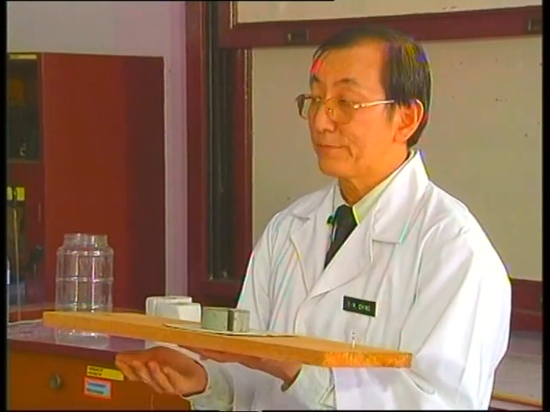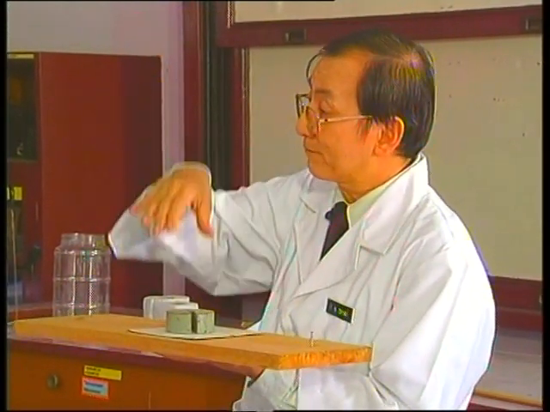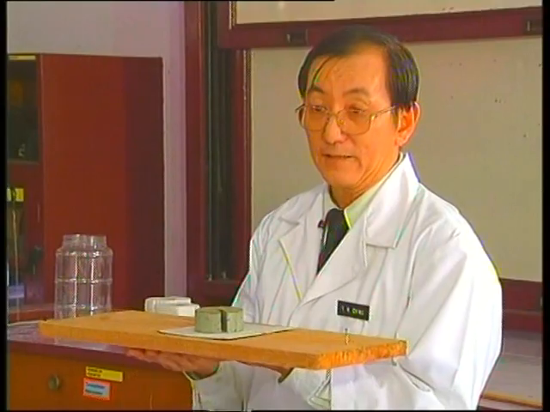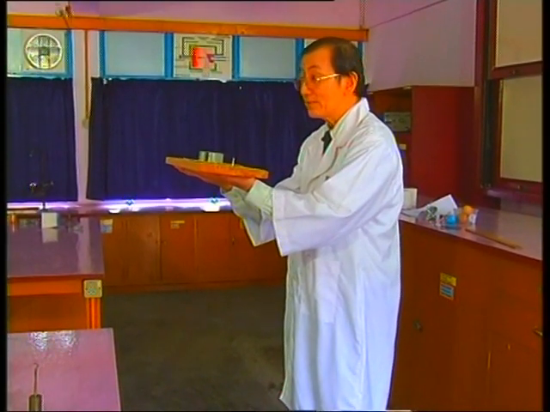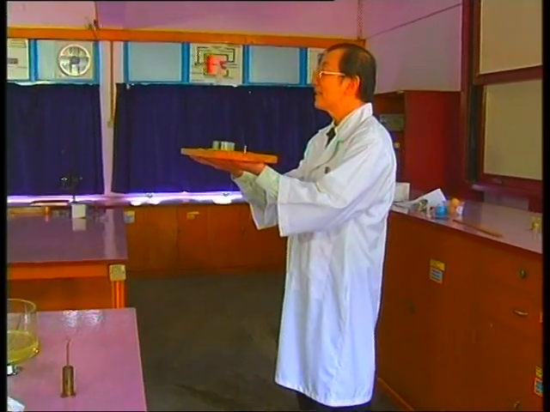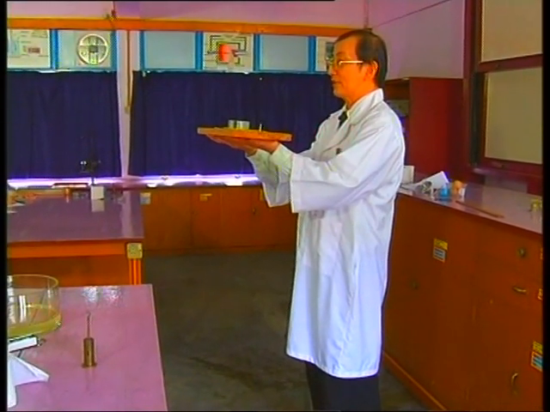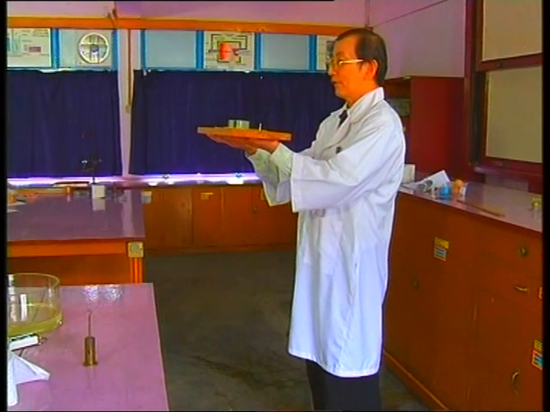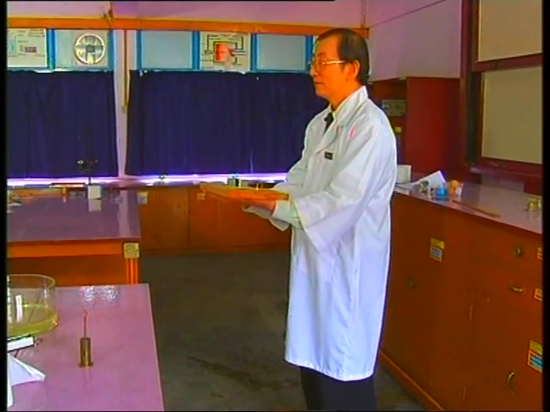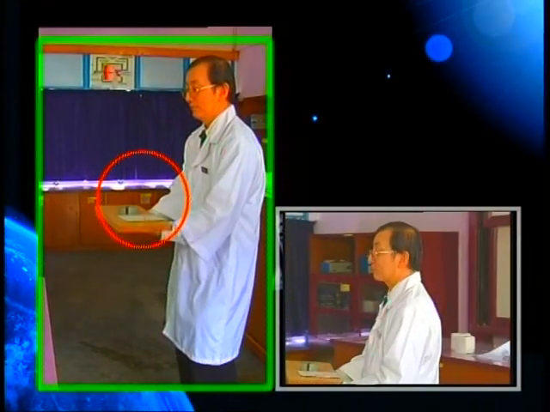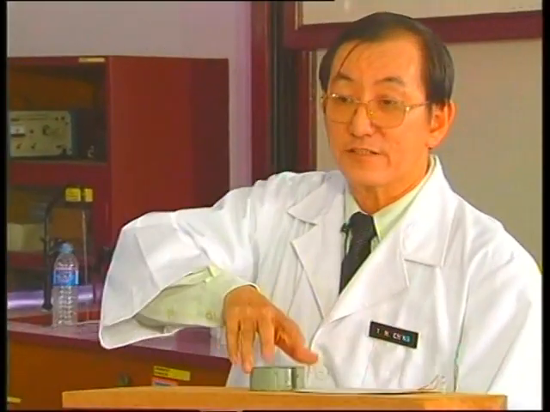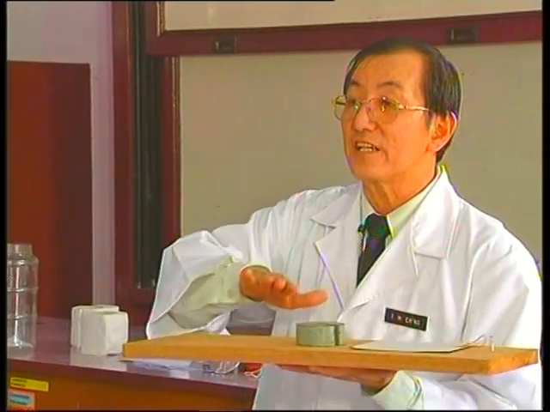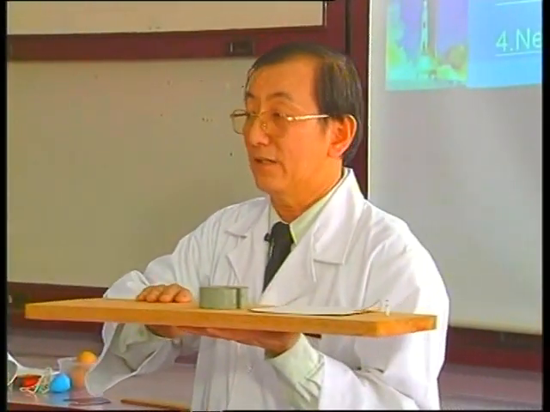No. If the paper doesn't move, the weight is pressing the paper against the plank. Now, I shall drop this, and you see at the moment, my hand is not touching the board. You see what happened? The paper was pulled out. It shows that the weight is not pressing the paper against the plank or the supporting board.